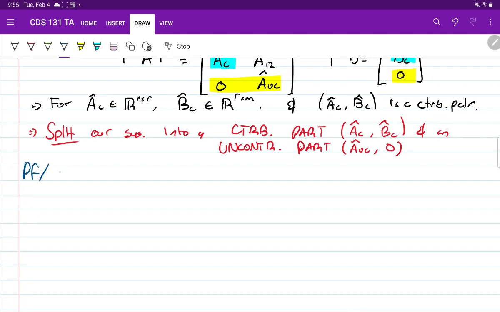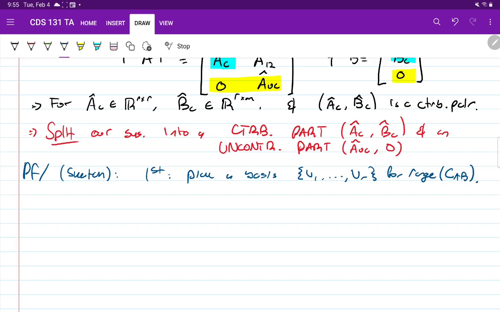Just to give you a really quick sketch of how this transformation is created, what you do is you first pick a basis V1 through Vr for your controllable subspace, okay? And then you pick a basis V r plus 1 all the way through Vn for its orthogonal complement, range CAB perp.